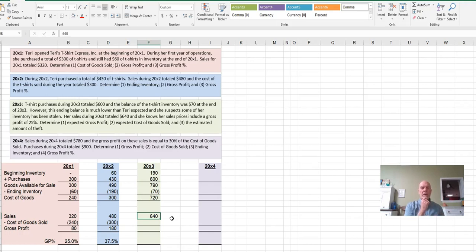So we could factor that in to figure out what inventory should have been. Before I do that, think about this. In our calculation up above, we calculated cost of goods sold to be 720. Well, if we subtracted the 720 from the 640, that's going to give us a negative gross profit.